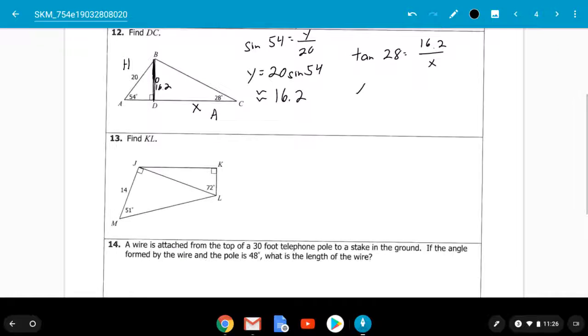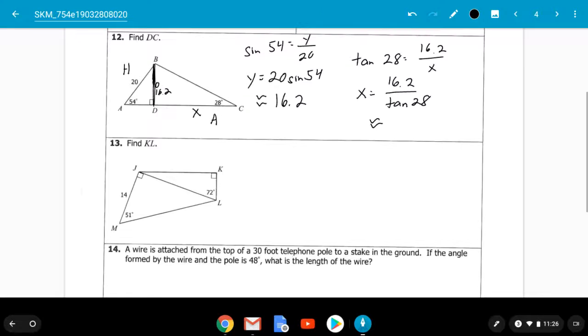So x is going to be equal to 16.2 over tangent of 28. We put that into our calculators, and I'm going to see what we're going to get here. Hold on one moment while I put it in. So 16.2 divided by tangent of 28. And that's going to be roughly around 30.5.